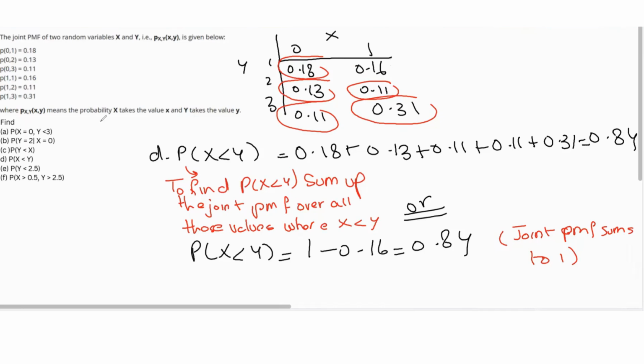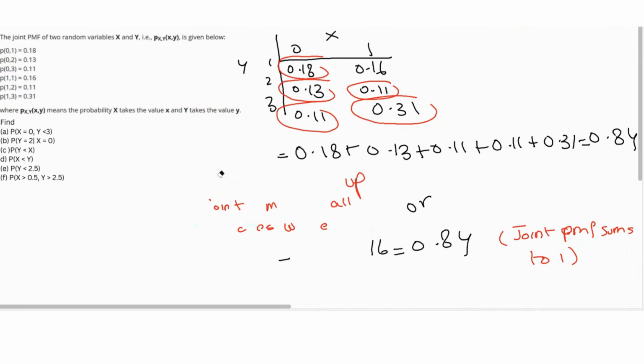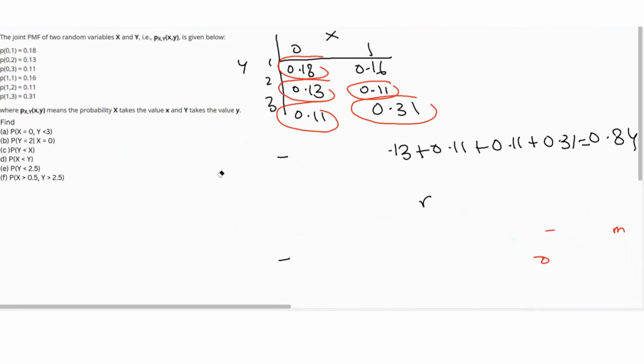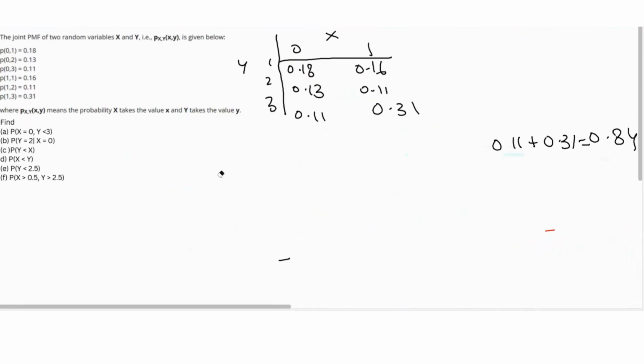So now moving on to part E. Part E asks us to find the probability y is less than 2.5. To find the probability y is less than 2.5, we'll just sum up the joint PMF over all those values where y is less than 2.5, regardless of what x is, because here we're not imposing any condition on x.